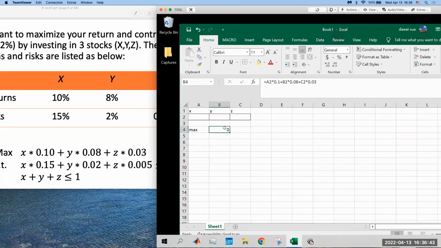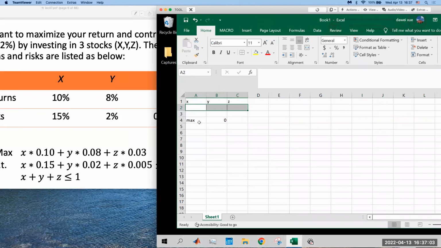Okay, now it's 0. That's fine because now all the agents are empty, they equal 0. So we get 0. That's fine because we're going to change the values of these, and the max value will change correspondingly.